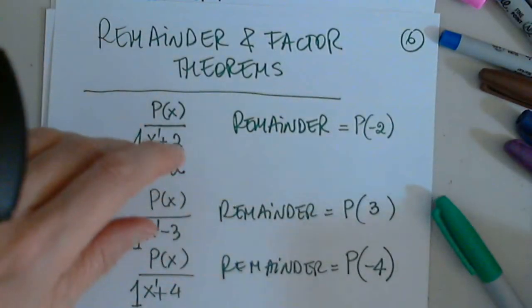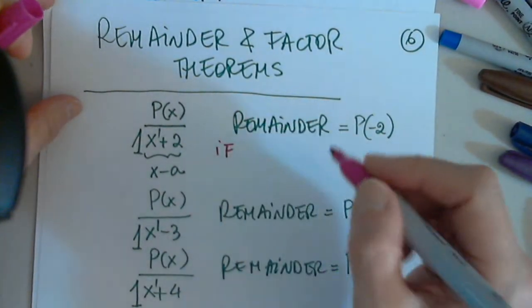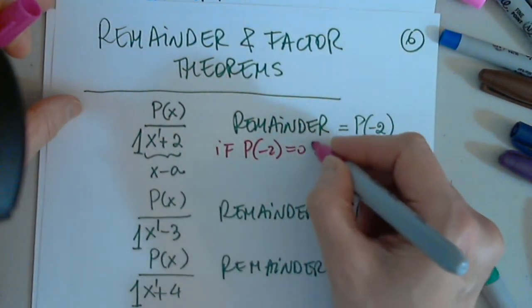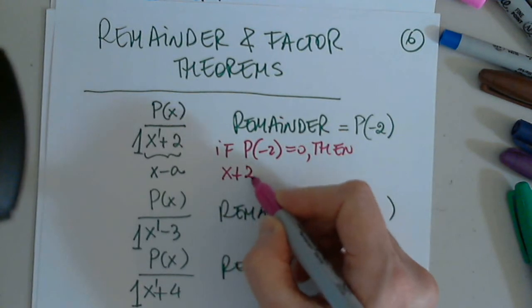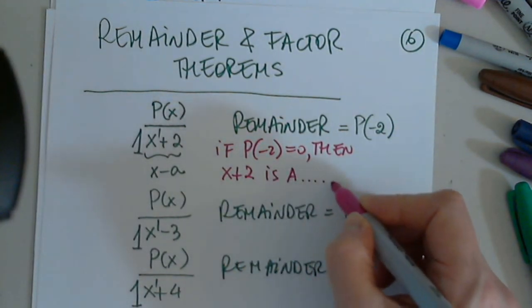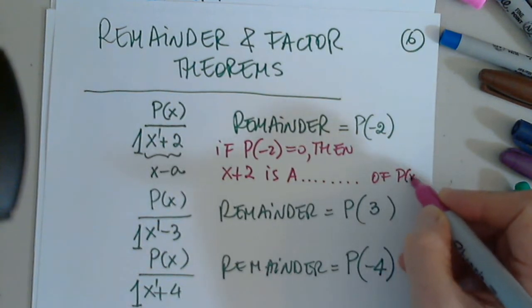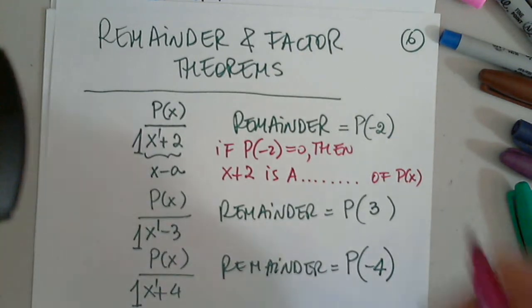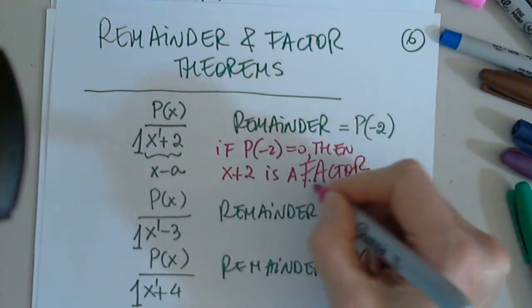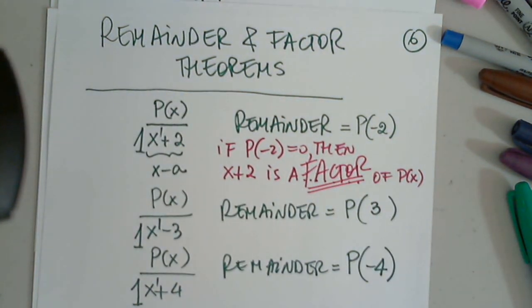So I'm going to use a different color. This is a different question. If p of negative 2 is 0, then can anyone tell us what happens? What do you think? Then x plus 2 is a factor of p of x. Thank you very much. Exactly.